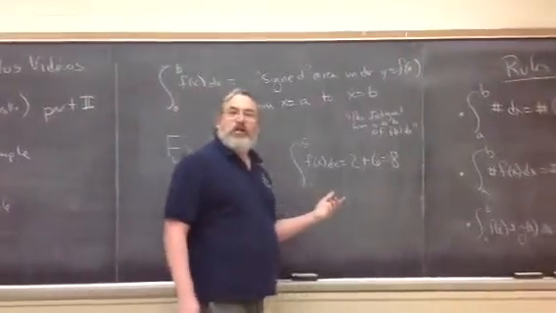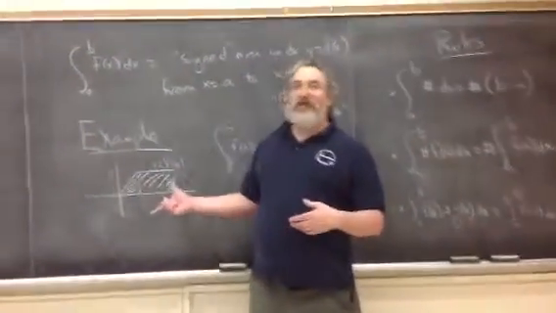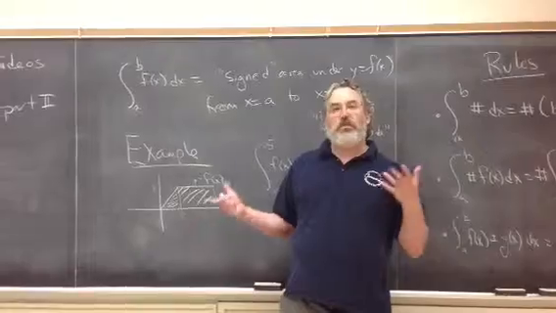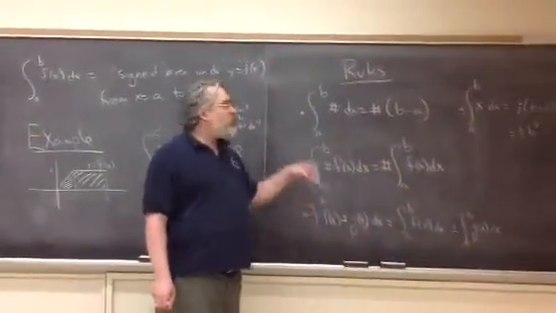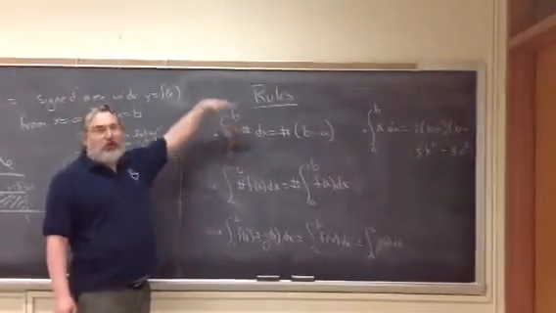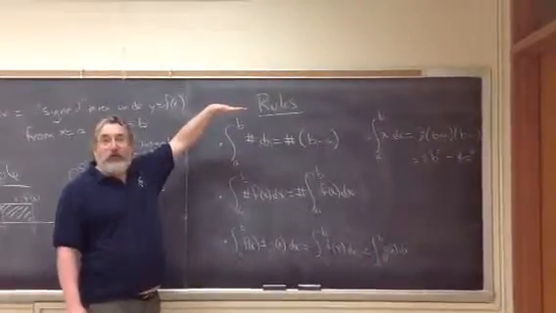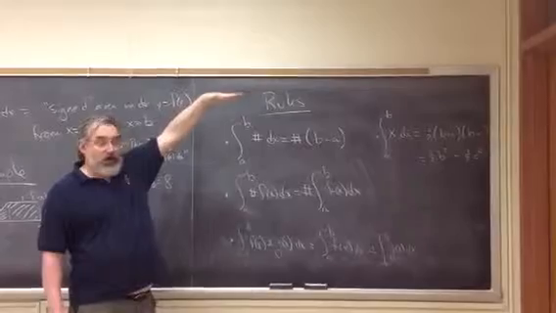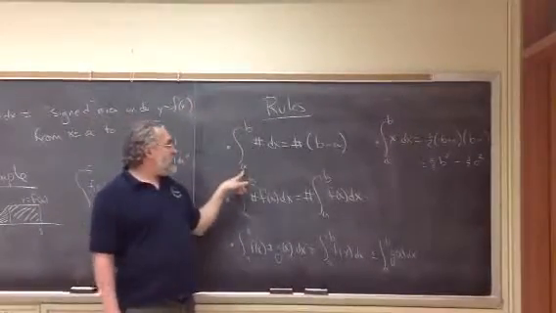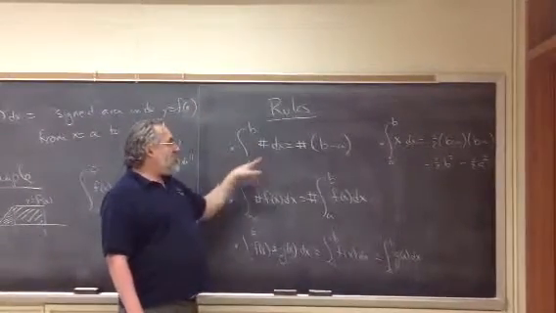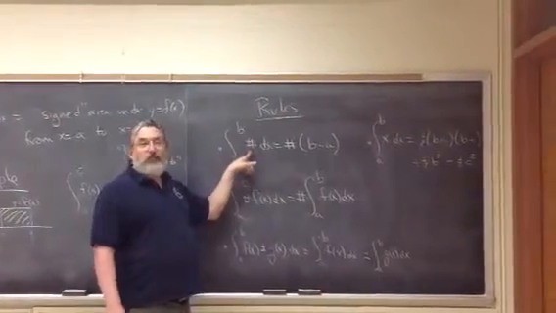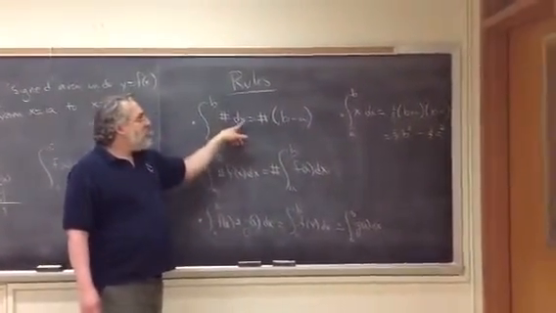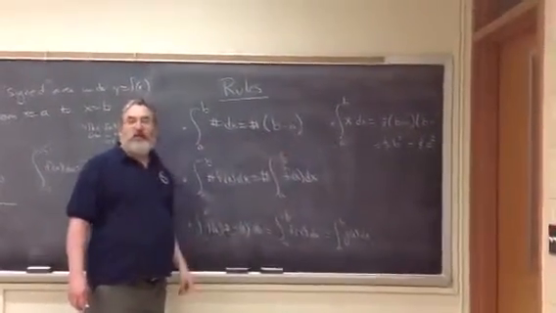Now, sometimes you don't have the luxury of an easy function, but there are ways in which we can make it work better. Here are some rules. So the first rule, if it's constant on the top, it's just a rectangle. So it's the height, which is the number, times the width, which is top minus bottom, b minus a. So if we're just taking the integral from a to b of, say, 5 dx, it would be 5 times b minus a.